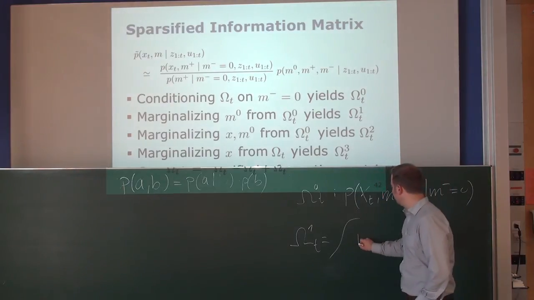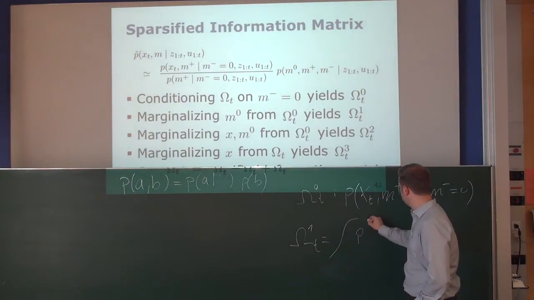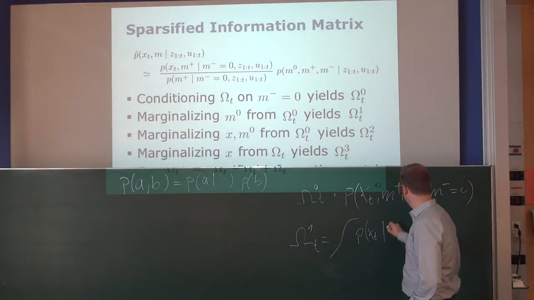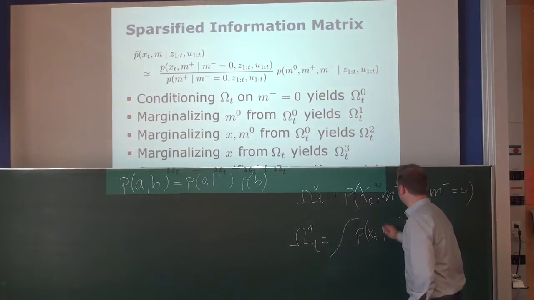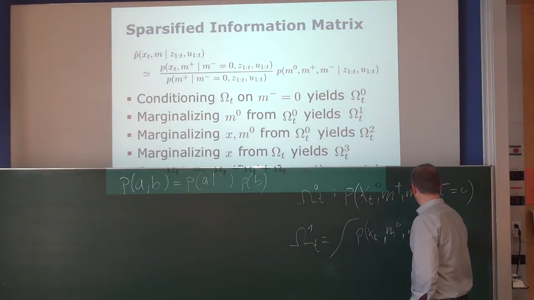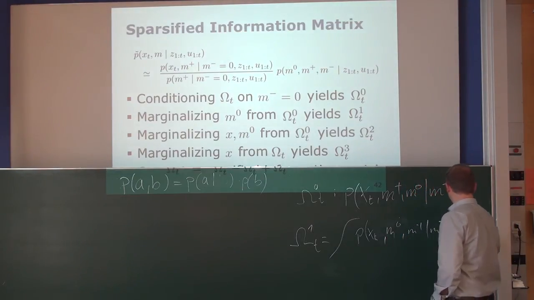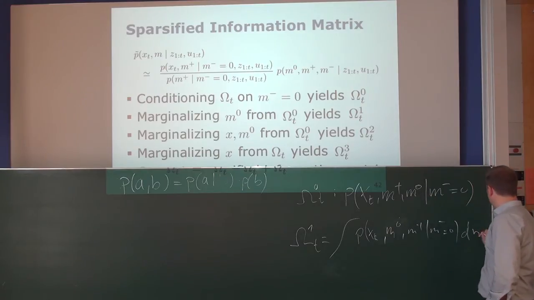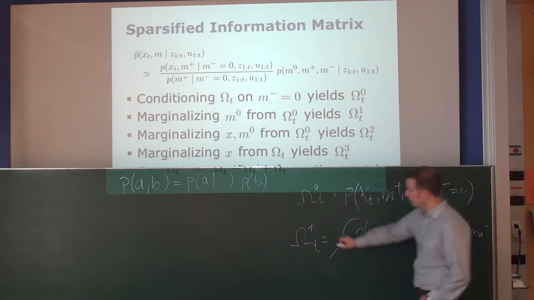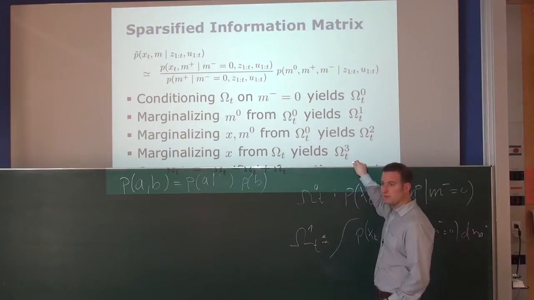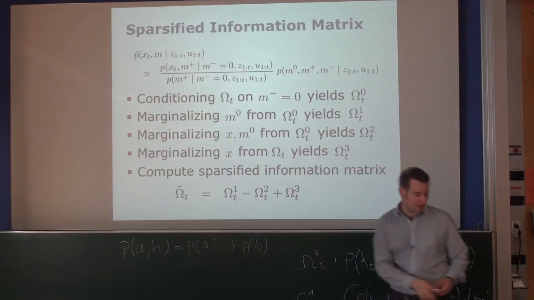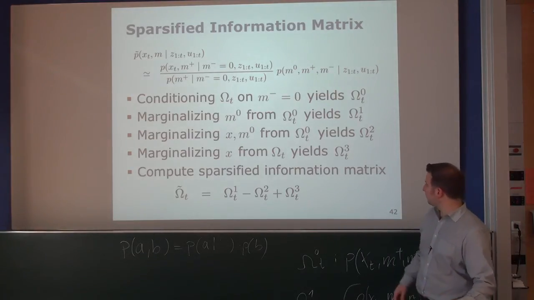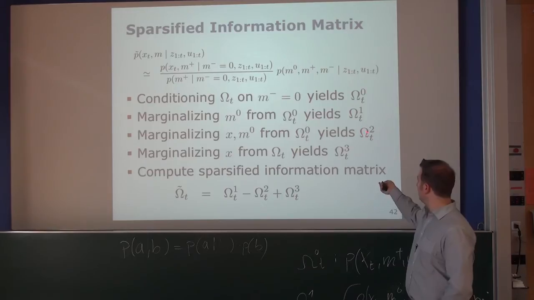So this is P of xt, m plus, m0 given m minus equals 0, dm0, so m0 is simply not there anymore. This is the information matrix which corresponds to this belief. And then I do exactly the same. I marginalize out xt and m0 from this belief, which gives me my information matrix omega 2.